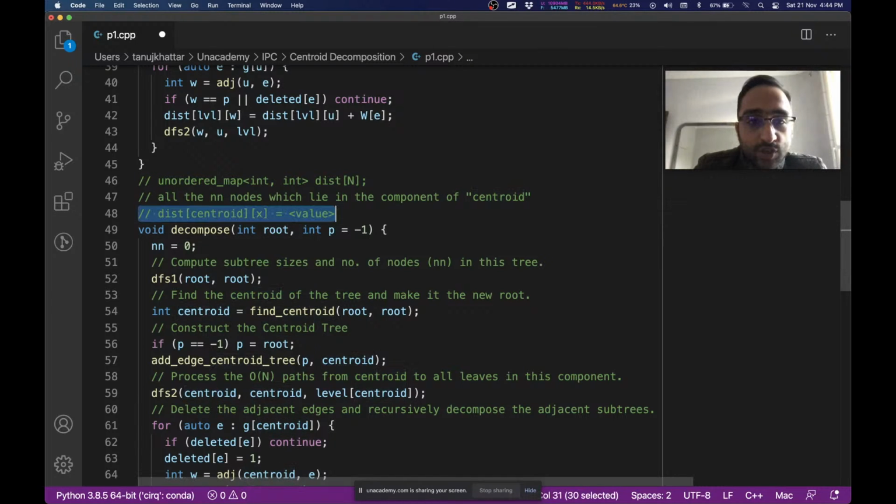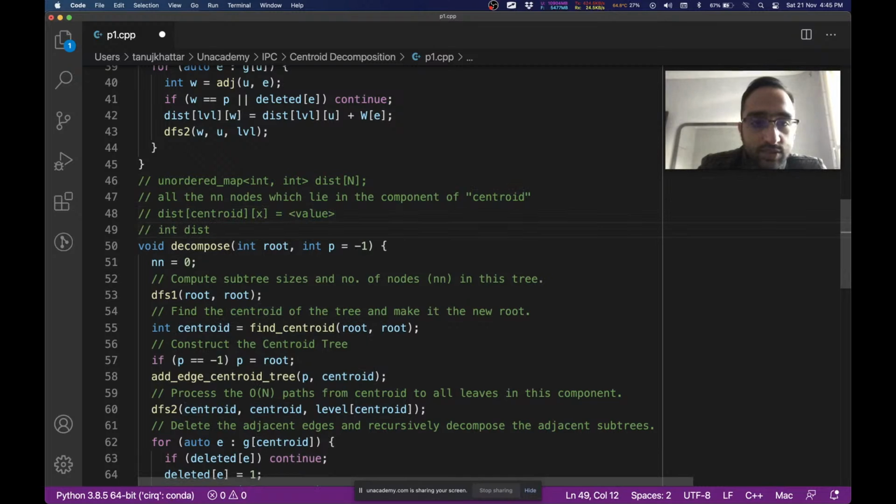The point is that I can represent the same information by only maintaining a distance of log n comma n. Why? Because I know that the height of my centroid tree can be at most log n, and at every height, a single node will have a single distance. If I give you a level comma x pair, you can find the centroid from this. There's a one-to-one mapping between a level comma x pair and the centroid.